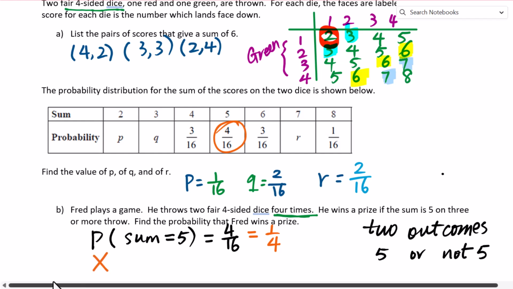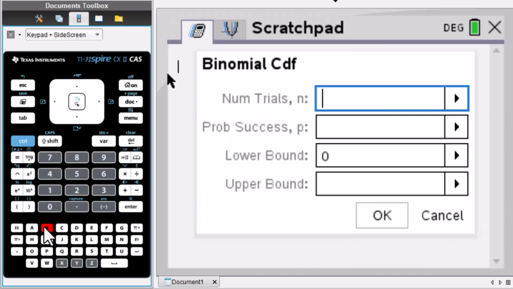Let's define the random variable X follows binomial distribution with 4, 1/4. We are looking for the probability of X greater than or equal to 3. Binomial CDF, n equals 4.